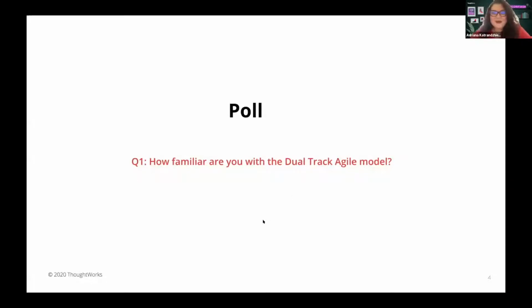Okay, I think people have stopped voting, so I'm going to end the poll now and share the results. Here we go. Hopefully you can see my results. So a lot of people voted 1, so basically not familiar at all with this model, but there's also a good spread of people that have voted relatively familiar with the model, and even some that are very familiar.